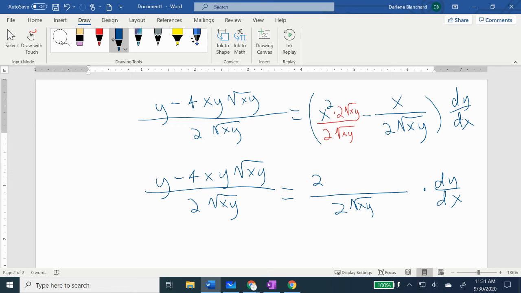And then my numerator is 2 times x squared times the square root of xy minus x.